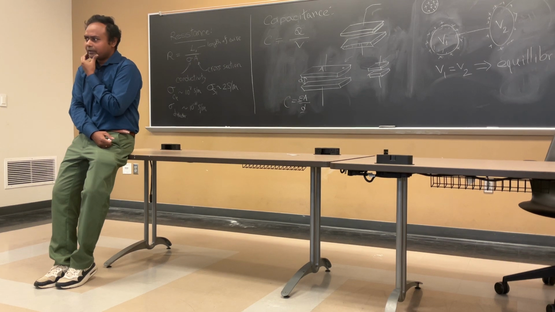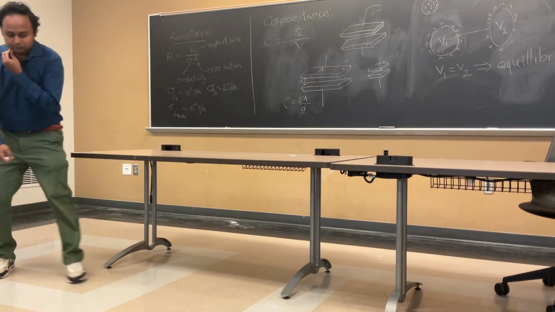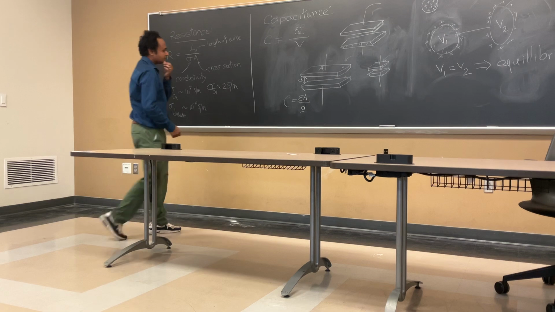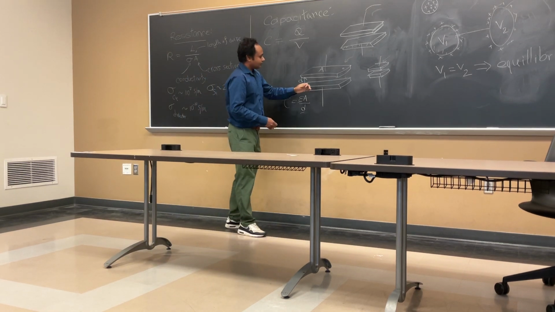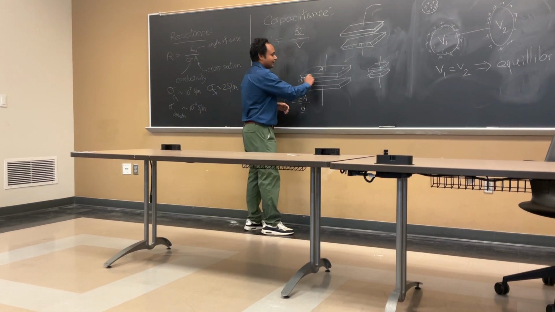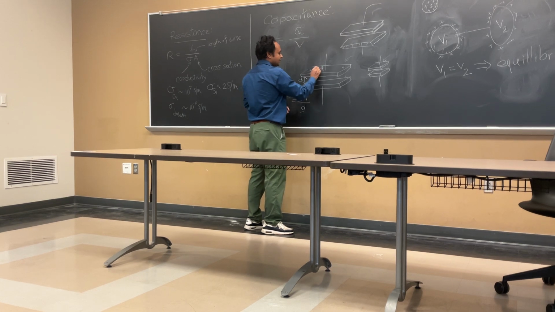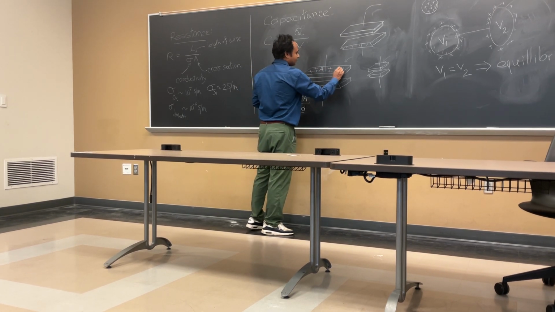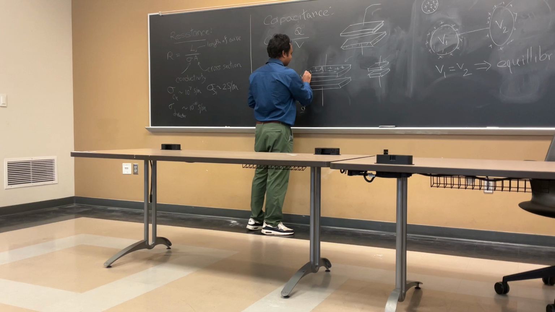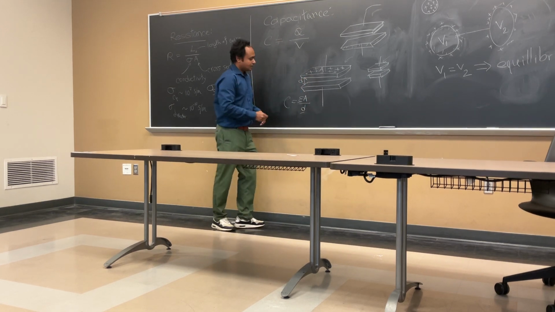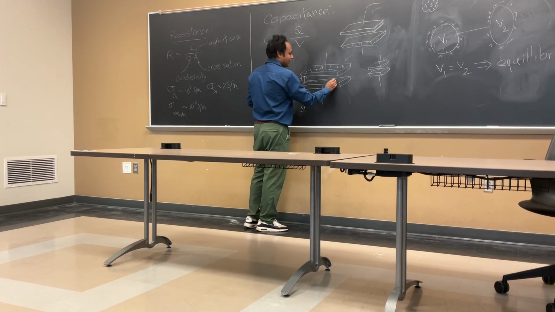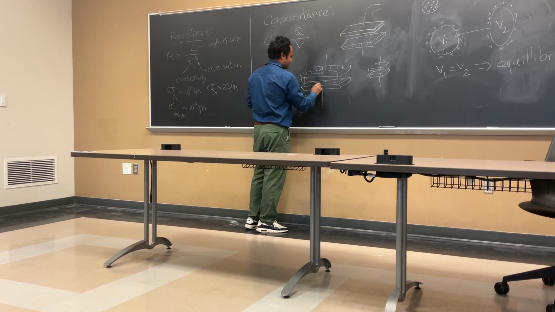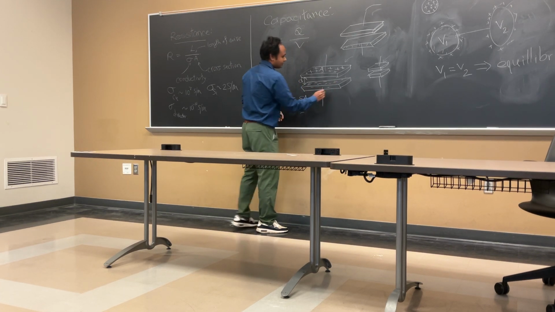No, I think that's a good idea, actually. Why? Because let's look at this. If I take two metal plates, and let's say this top metal guy has positive charges, and the bottom metal guy has an equal amount of negative charges.